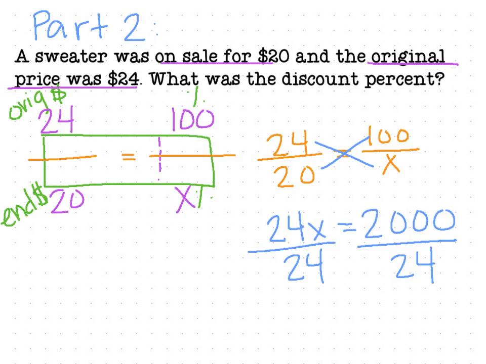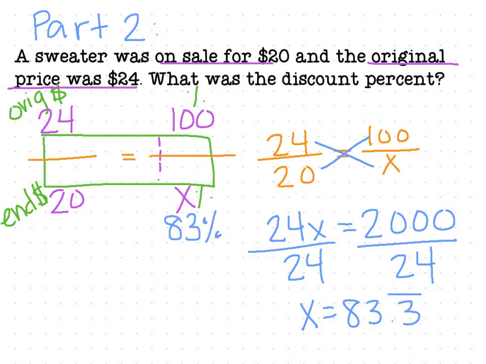So 2,000 divided by 24 is 83.3 repeating. And we'll simply round down to 83. So x is 83, so our ending percent is 83%.